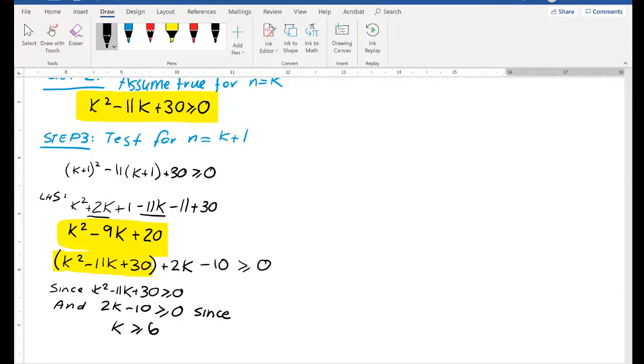Because if you think about 6 being the smallest value of k, that's going to give you 12 minus 10 is 2, which is positive. So it can only get bigger. This number only gets bigger, so it's always going to be positive.